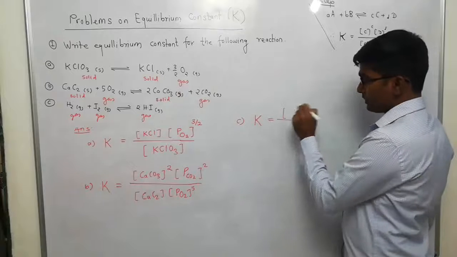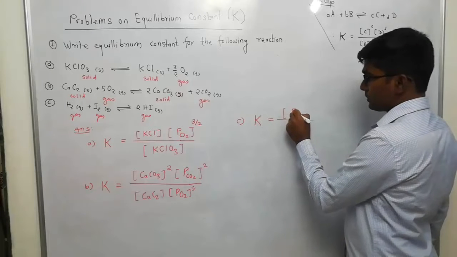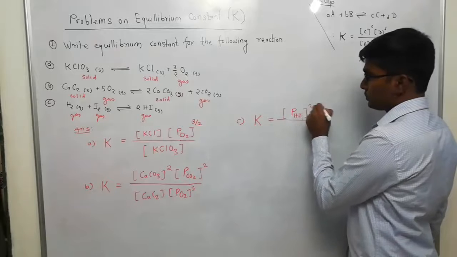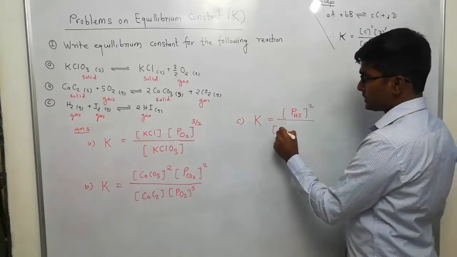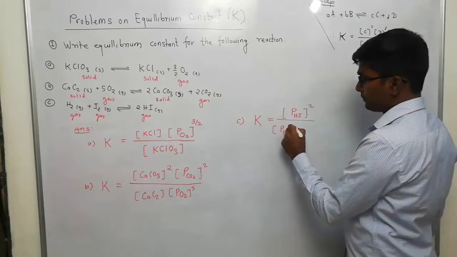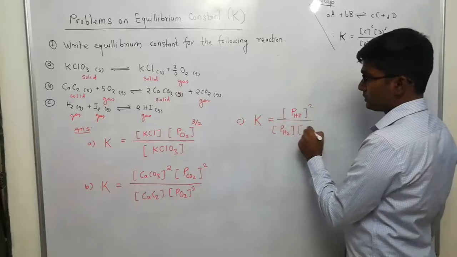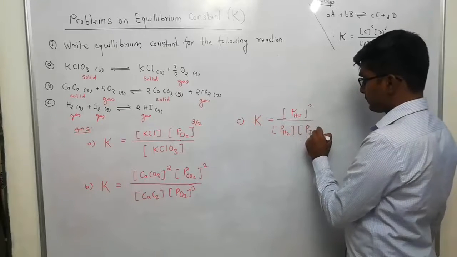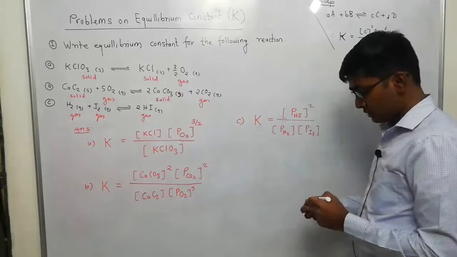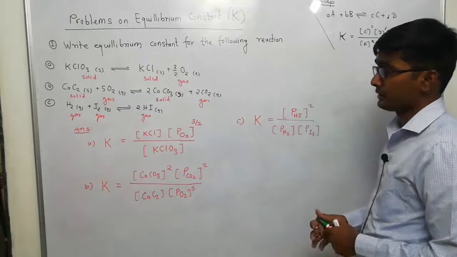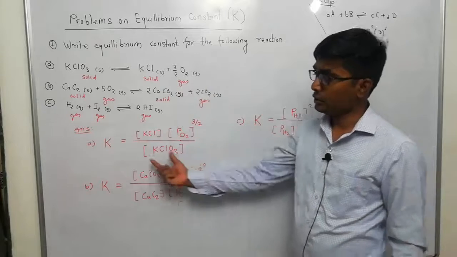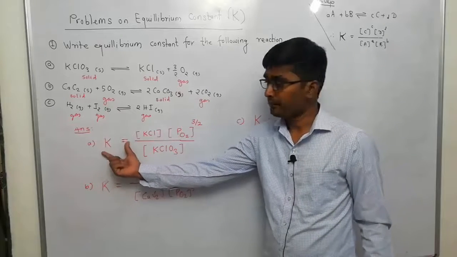Therefore the vapor pressure of HI, hydroiodic acid, raised to 2, divided by the vapor pressure of hydrogen gas into the vapor pressure of iodine, I2. Okay, so these are the three relations for the equilibrium constant capital K for these three reactions.